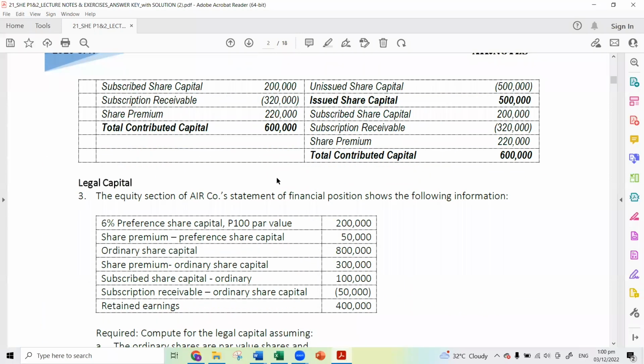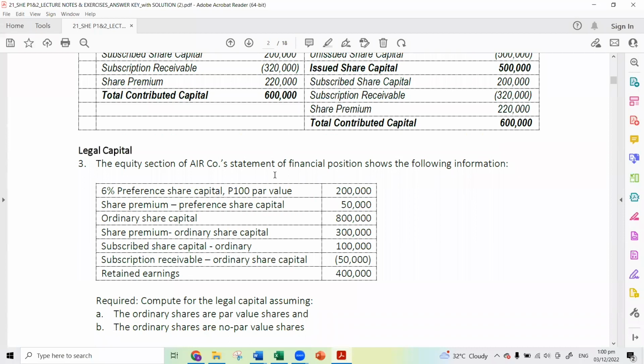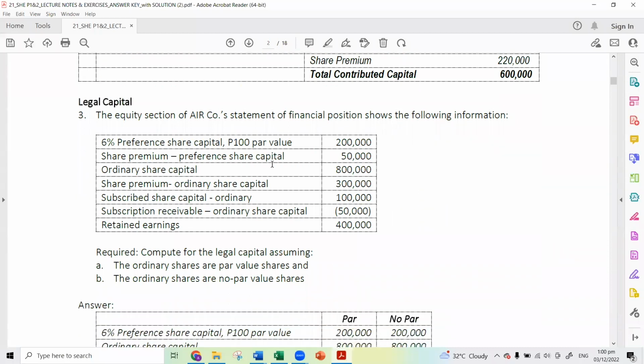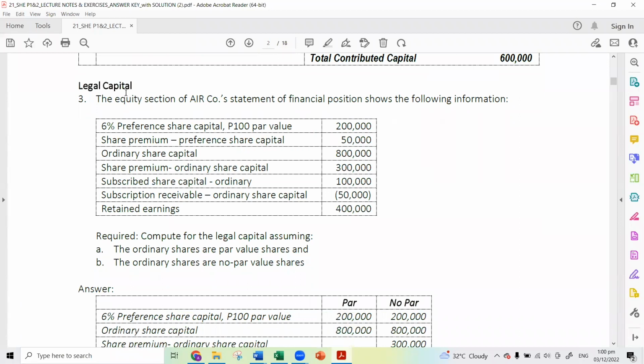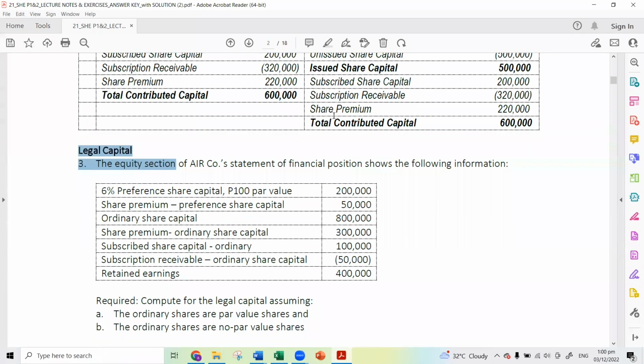Okay, so let's proceed with the so-called legal capital. So legal capital, by definition, this is the portion of the contributed capital that cannot be distributed to owners during the lifetime of the corporation.